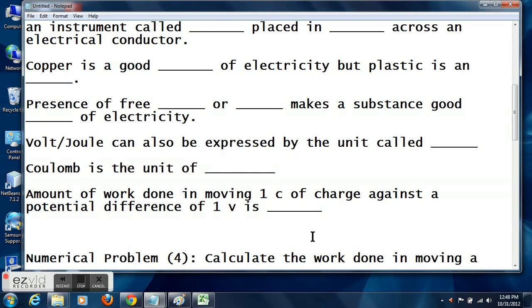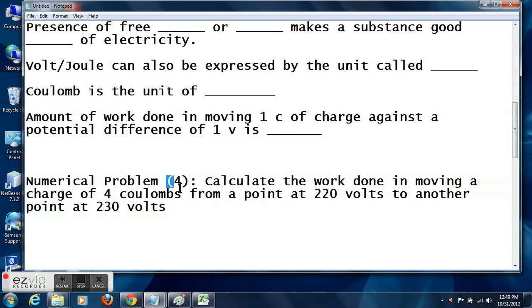Now we will go to the numerical problems. Till our last tutorial we did 3 problems, so this is the 4th numerical problem. The 4th one is this: calculate the work done in moving a charge of 4 coulombs from a point at 220 volts to another point at 230 volts.